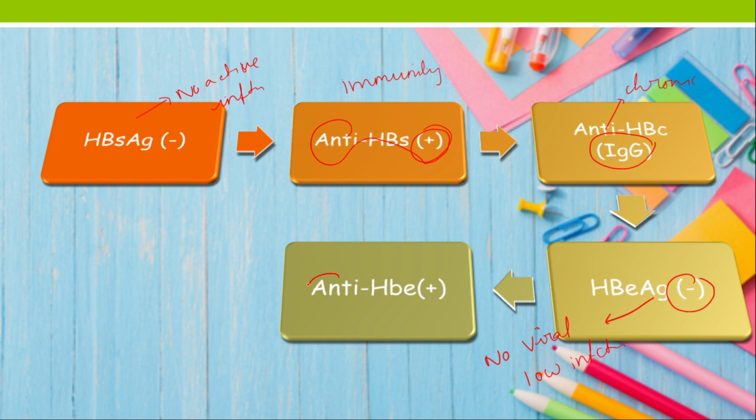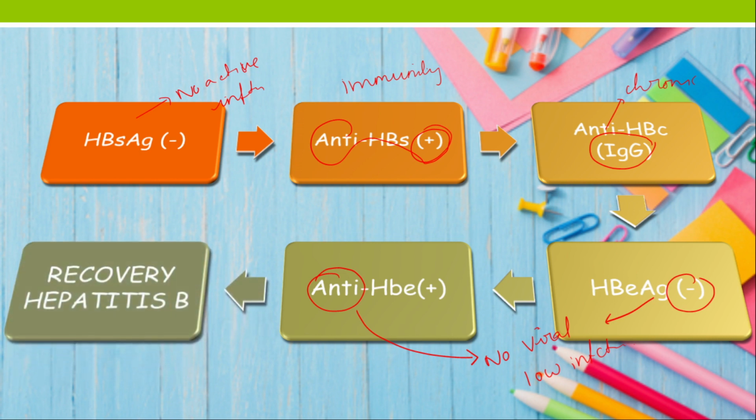Yes, antibody had also formed for this HBe, so it is clearly indicating there is no viral replication and it is having low infectivity. So most probably it could be a chronic hepatitis we can expect, and that too in a recovery phase. So let's see the inference.